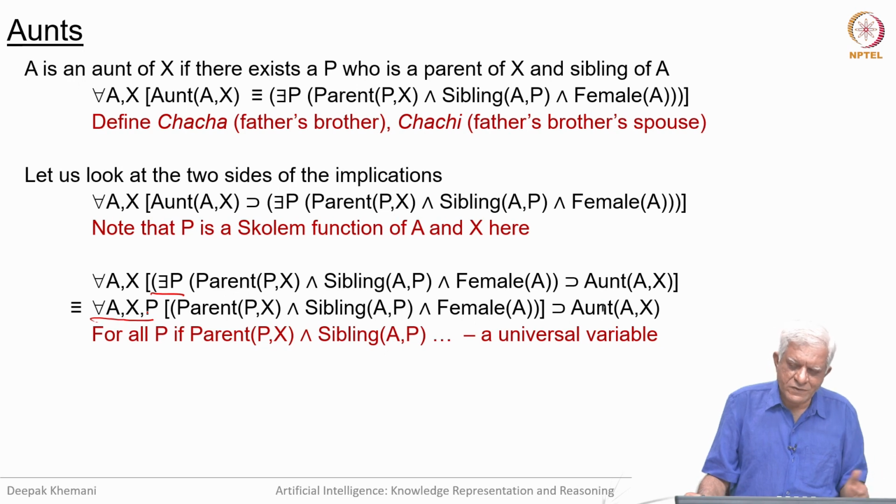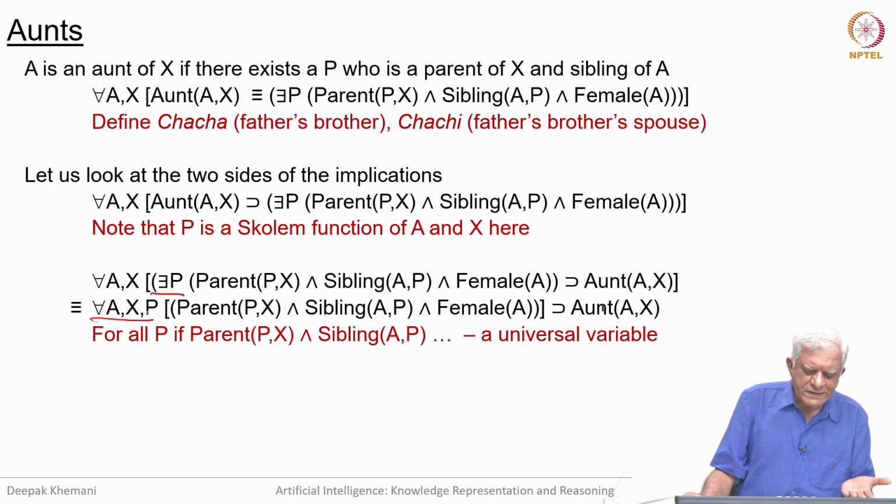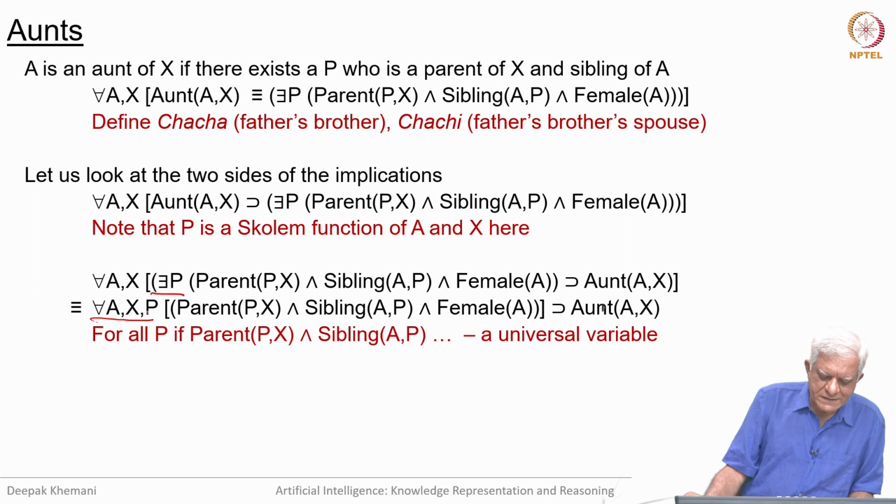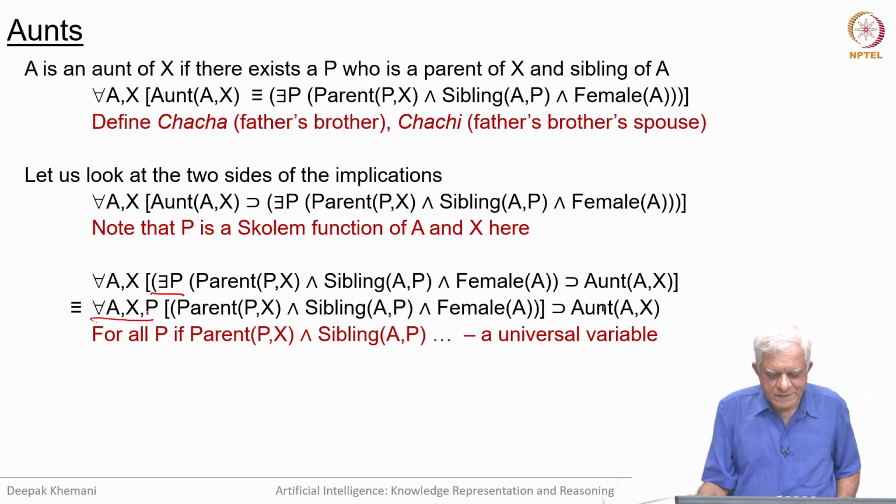The reading of this statement, which is a universal statement, says that for all A, for all x and for all P, if P is a parent of x and A is a sibling of P and A is female, then A is the aunt of x. So, everything is a universal variable here.